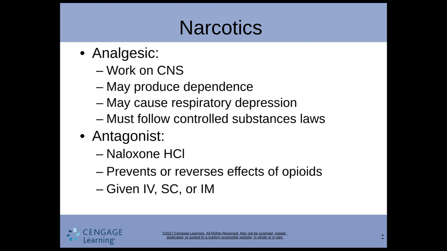So, pretty safe to use, but they may need to be reminded, like when they sleep, that it can cause respiratory depression, and they must follow controlled substance laws. And then we have an antagonist. So these are things like naloxone. Okay, so these prevent or reverse the effects of opioids, and they're given intravenously, subcutaneously, or intramuscularly. Okay.